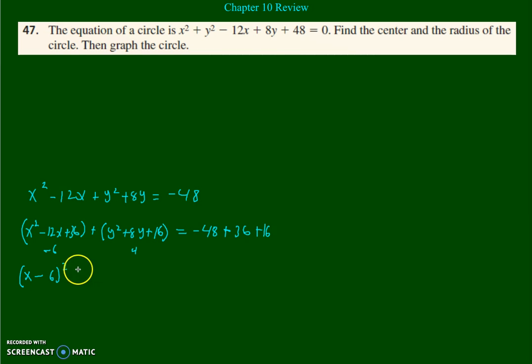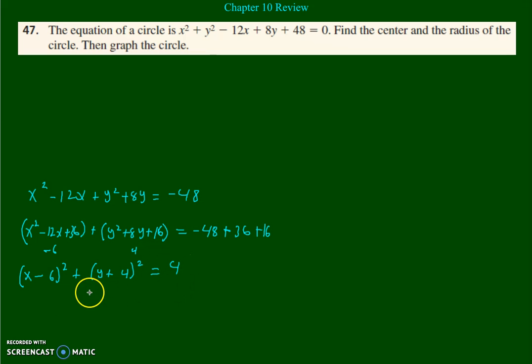Do the same thing here. Plus square root of this, y, this sign, and the square root of that, 4 squared. Now we combine these values over on this side. And negative 48 plus 36 plus 16 gives us 4.